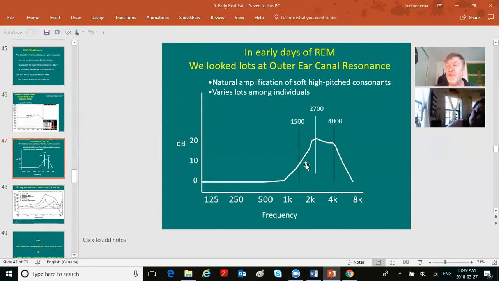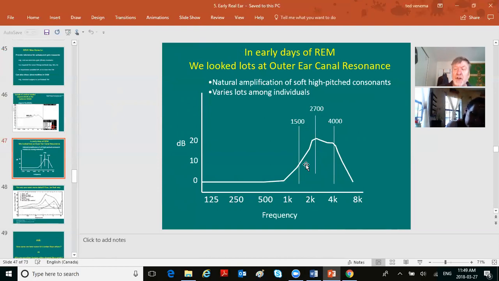The peak resonance is around 2700 hertz. And the resonance goes all the way out to, and it's slightly past, 4000 hertz. So 1500, 2700, 4000, and look at the decibels of resonance that you're getting. Okay? About 20. You're adding about 20.